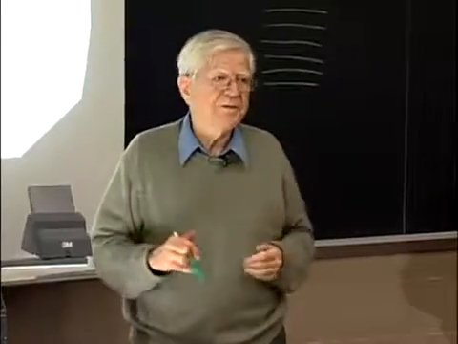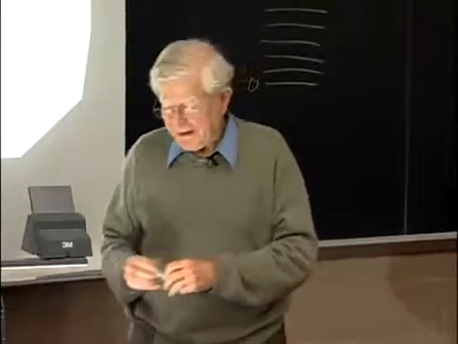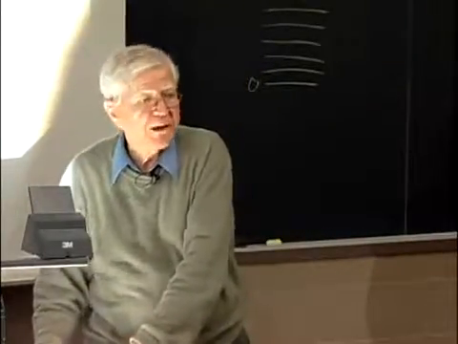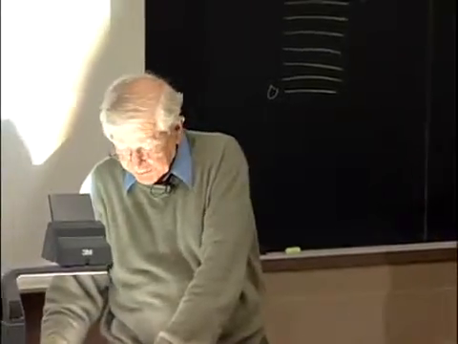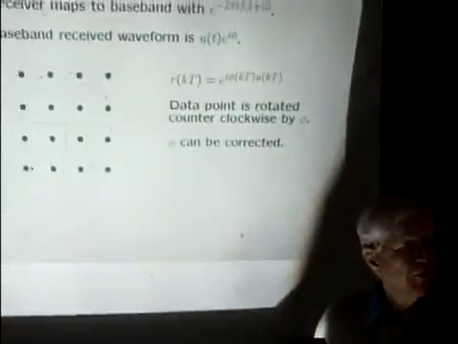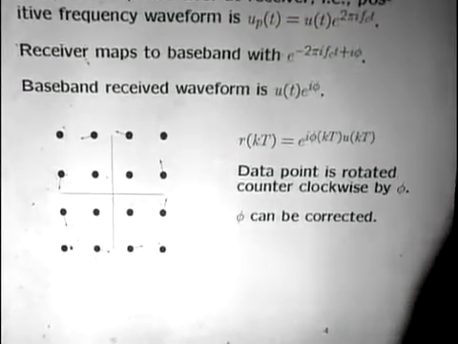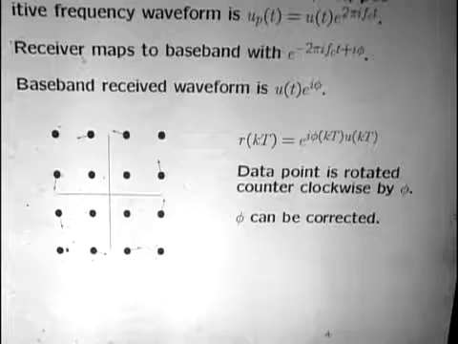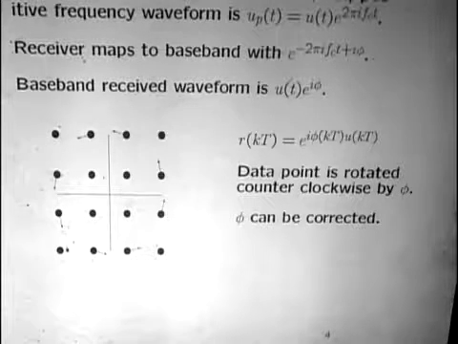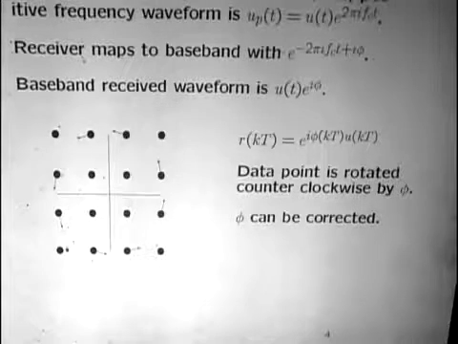And since they wander in phase slowly, and since you're receiving data quickly, you can average this carrier recovery over many, many data symbols, which is what people do. So you average it over many symbols, and you gradually change the phase as the phase is getting off.